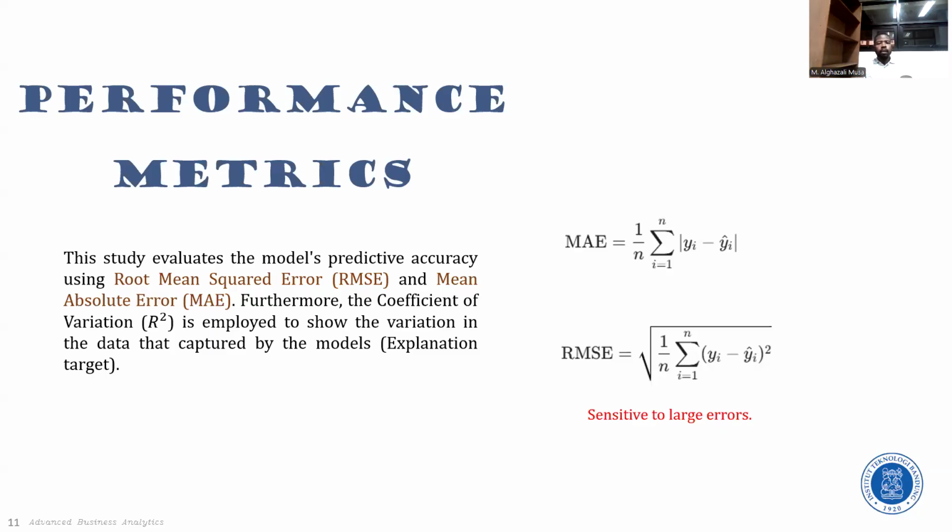So, performance metrics: in order to assess their prediction capability, we need such performance metrics. Here we use mean absolute error, which is a straightforward measure, as it's generally the mean of the difference between the predicted and the actual value.